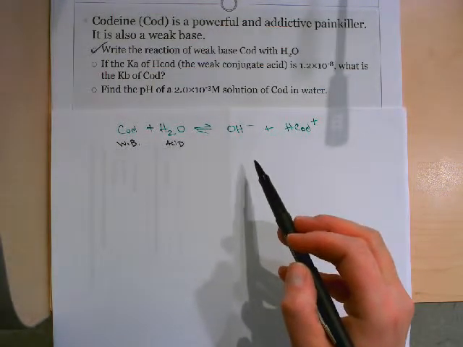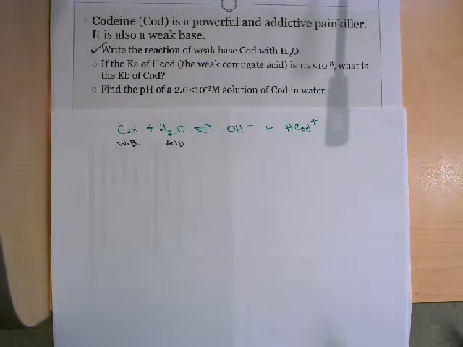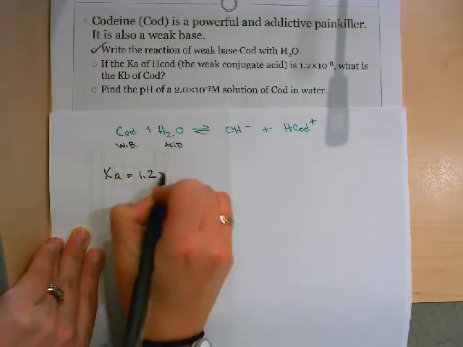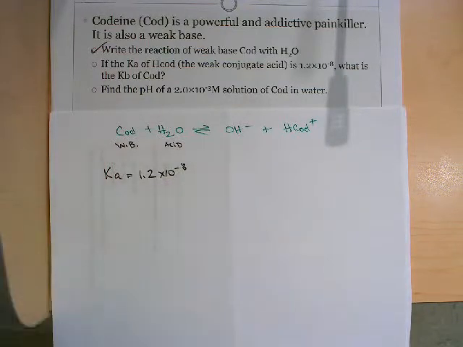Alright, making OH minuses. So if I know the Ka is equal to 1.2 times 10 to the negative 8, I would say there's 2 different ways you could do this. Both are fine. What is the one thing that Kas and Kbs are related to?